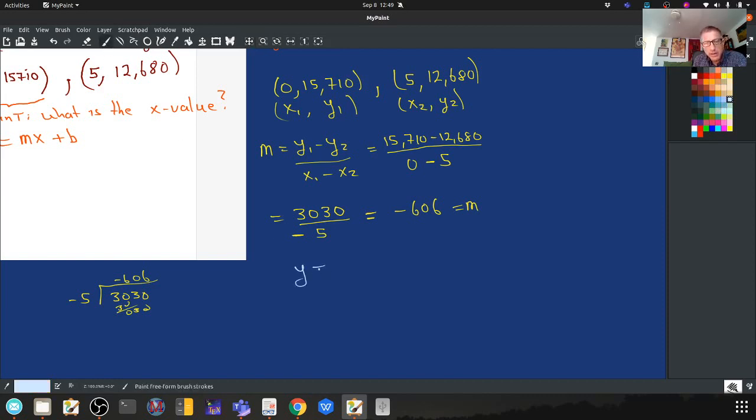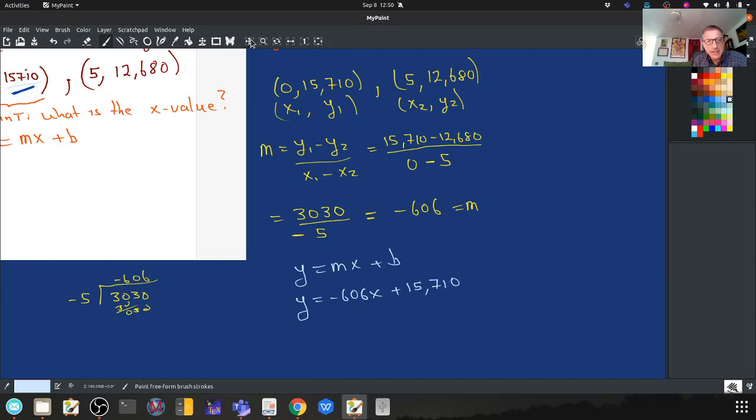So my equation, y is equal to mx plus b. We already discovered our b value was 15,710. So it becomes y is equal to minus 606x plus this value here that I grabbed from this point, 15,710.